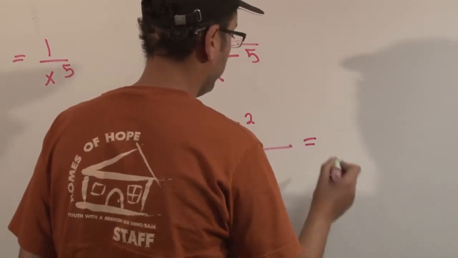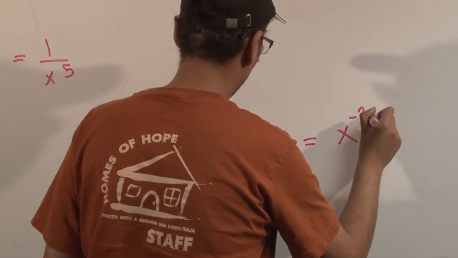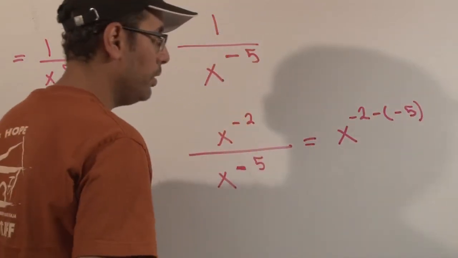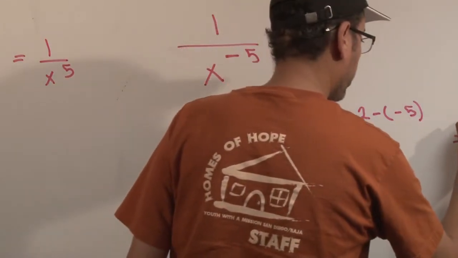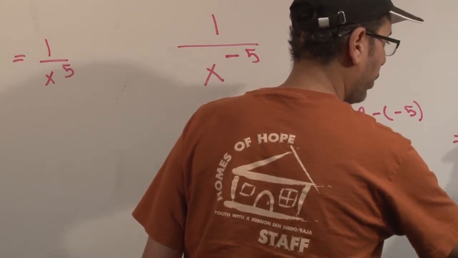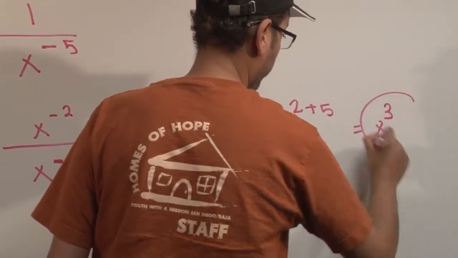That would be x power of negative 2 minus negative 5. That would give me what? x power of negative 2 plus 5. That would be x power of 3.